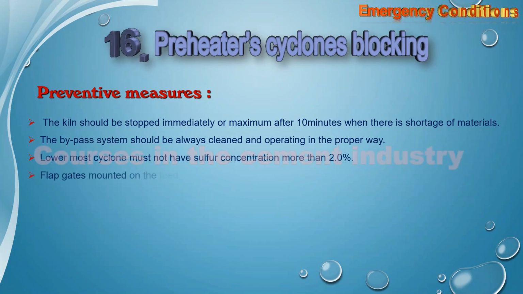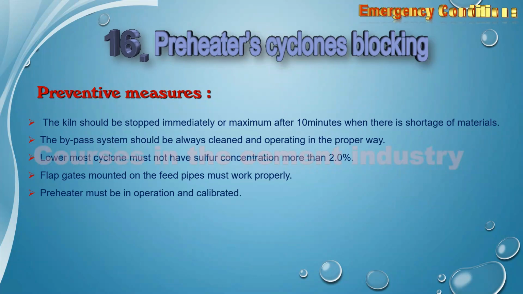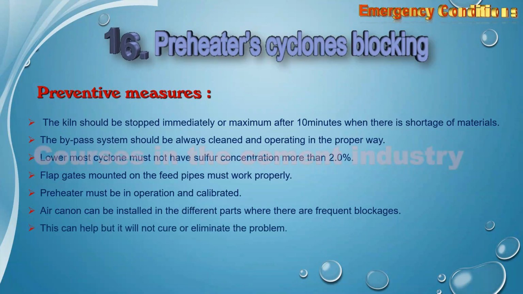Flap gates mounted on the feed pipes must work properly. 5. Preheater must be in operation and calibrated. 6. Air cannons can be installed in the different parts where there are frequent blockages. 7. This can help, but it will not cure or eliminate the problem.